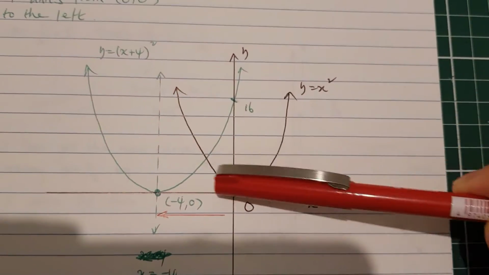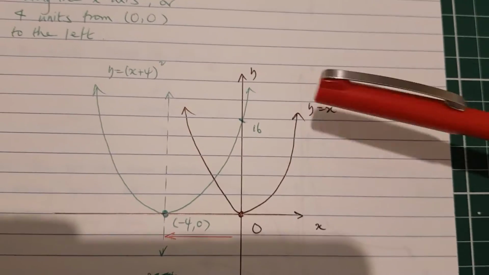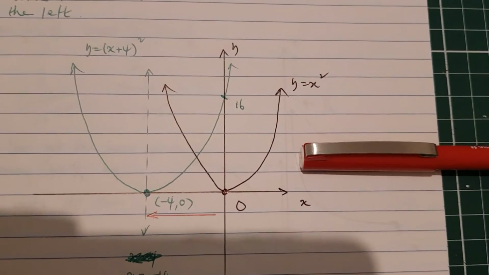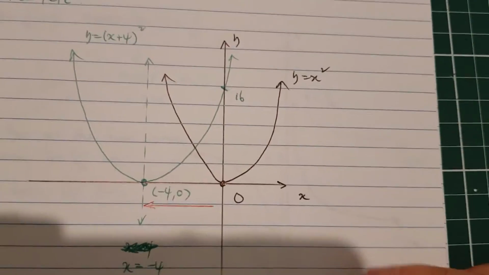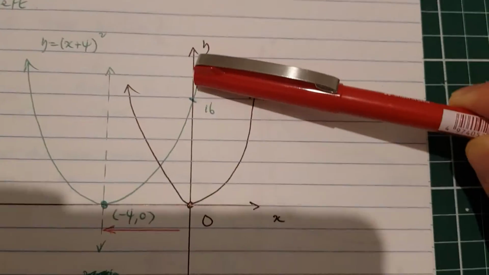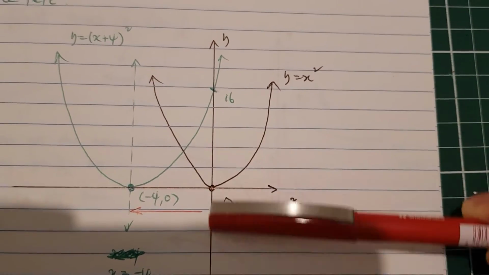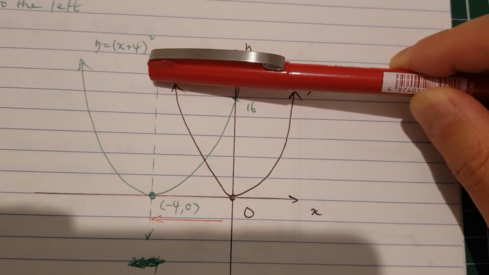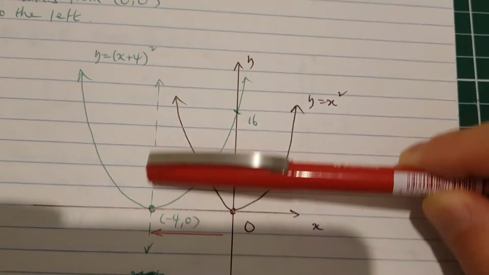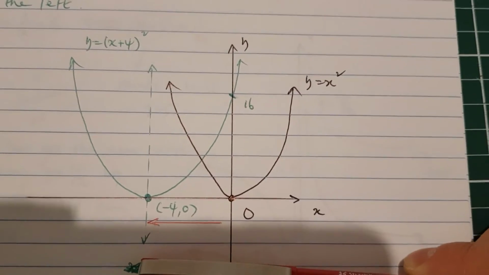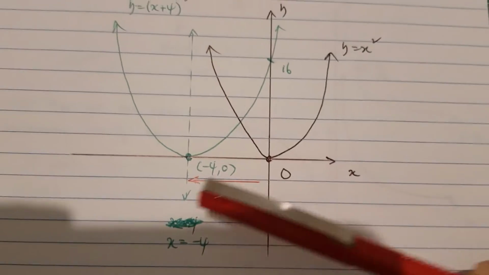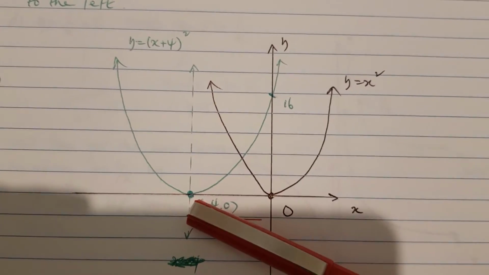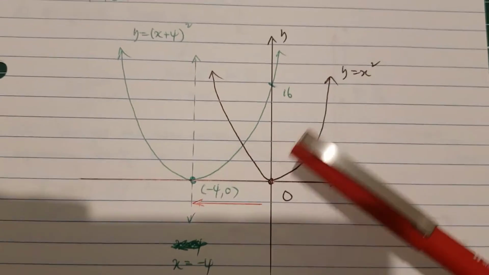The original curve is this, and because the only thing you're doing is translating along the x-axis by 4 units to the left, that's the new one. Remember the original axis of symmetry was x equals 0. Because it's shifted by 4 units to the left, your new axis of symmetry, or AOS, is now x equals -4, and the new vertex is now (-4, 0).